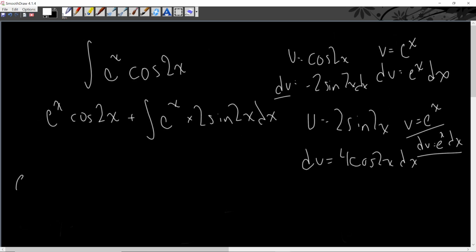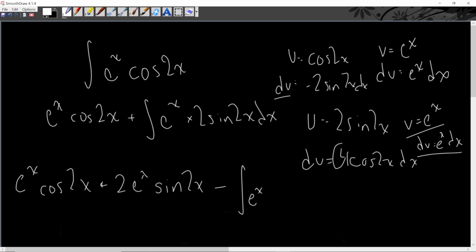We have e to the power of x cosine 2x plus e to the power of x, so uv, that's going to be plus 2 times e to the power of x sine 2x, and then this is going to be minus v du, so e to the power of x.